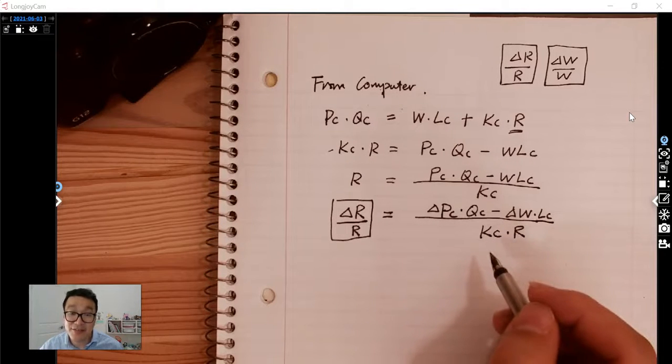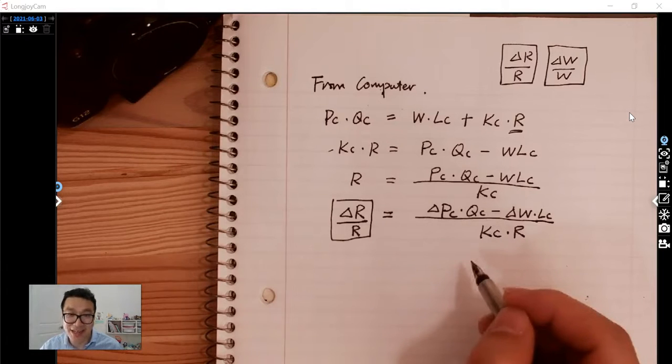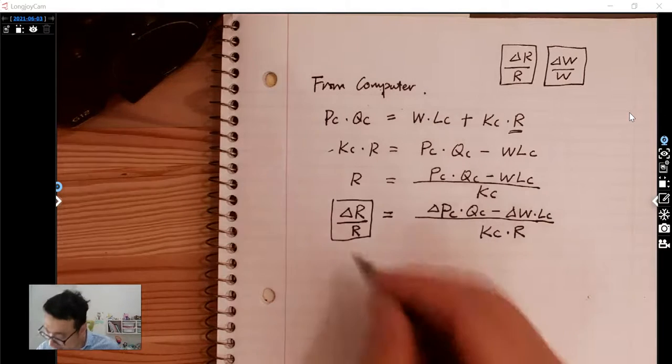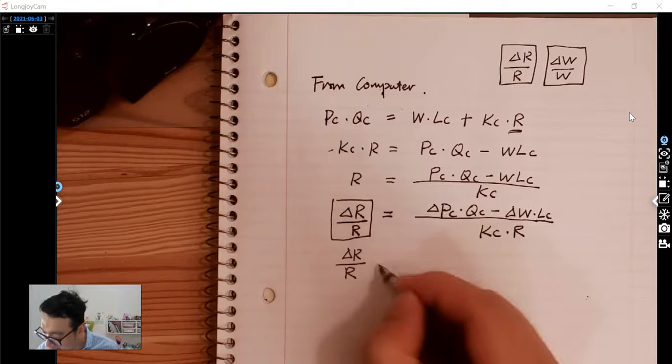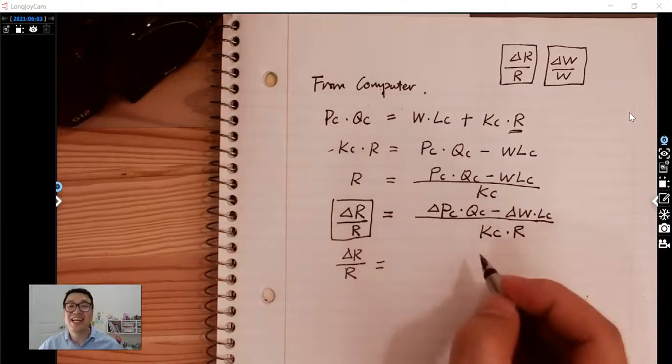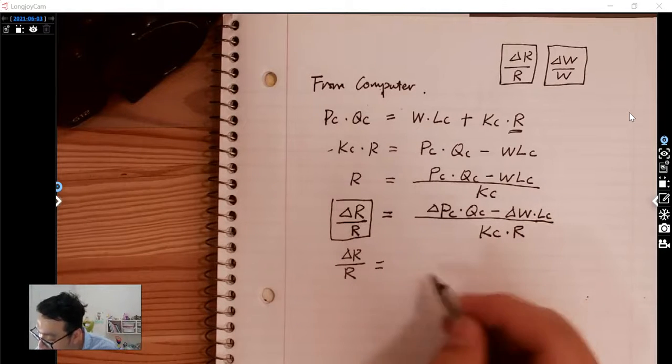Okay, if you understand this part, then the next part will be a little bit more tricky. Okay, let's take a look at that. I'm just scaring you, so it won't be that tricky.